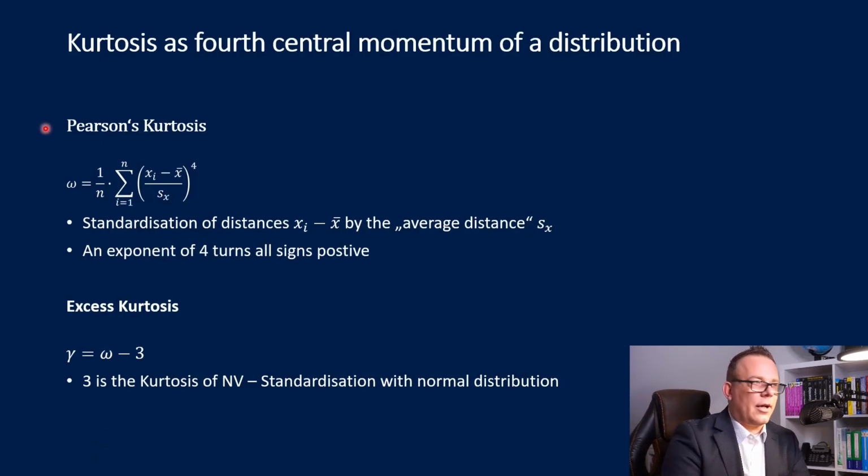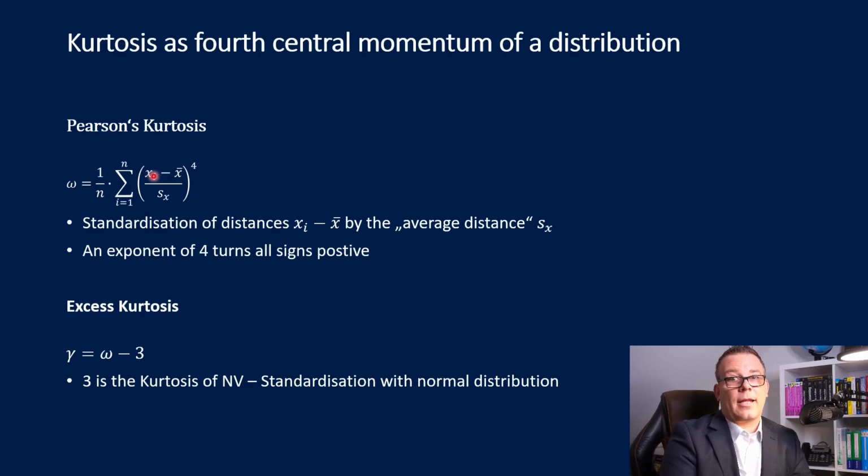How is all that defined? Pearson's kurtosis is defined as omega here. Omega, again, is an average: 1 divided by the number of observations, and we have a large sum sign across something. Inside the brackets here, we see again the distances that can be positive, that can be negative, that can be rather long or rather short. And they are again standardized by the average distance, defined as the standard deviation.